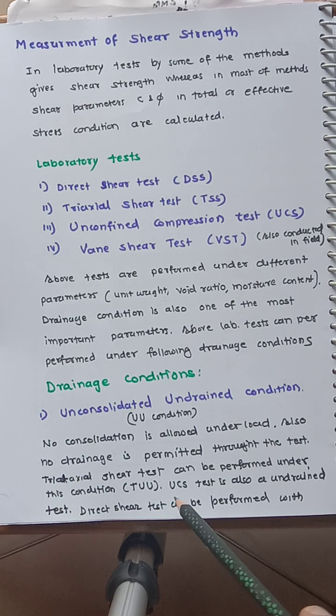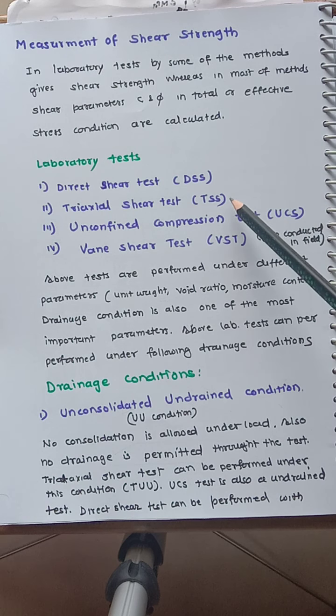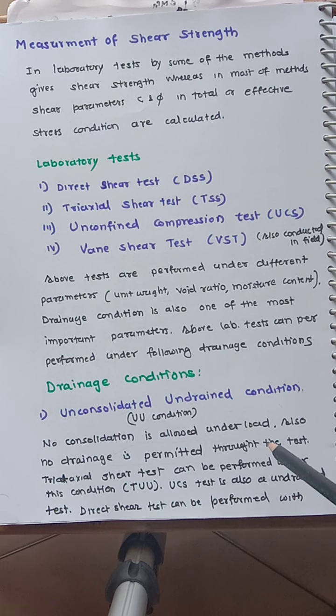This test can be performed in a direct shear test, and also using the triaxial shear test. The unconfined compression test by default is an undrained test. No drainage is permitted when shear itself is applied, so it automatically becomes an undrained condition.